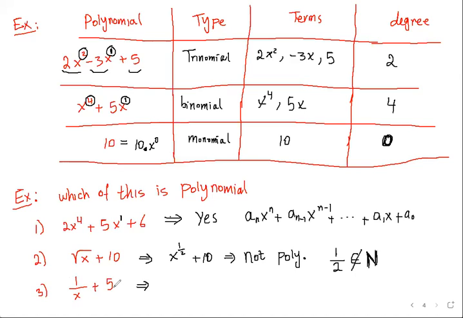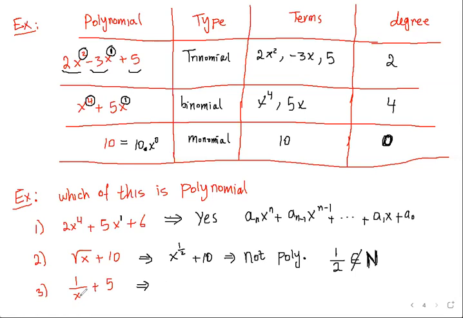It's not. Why? Can you explain why? What's your name? Herbert. Herbert, why is it not a polynomial? Because the variable x is the denominator. Exactly. So how can we express this in a different way?